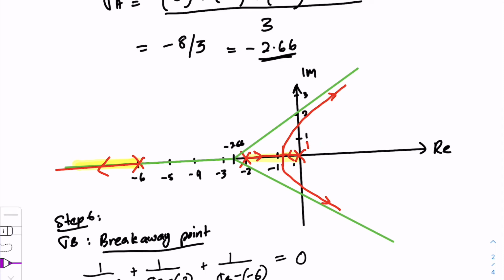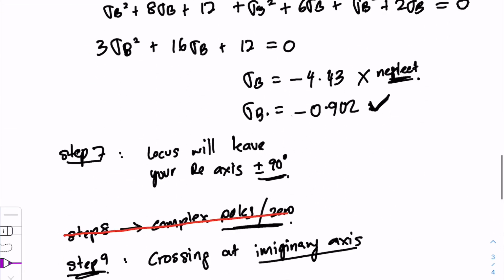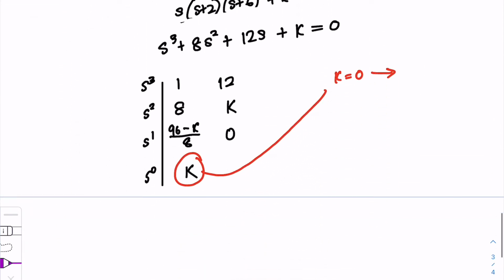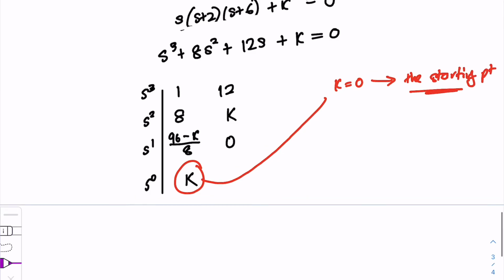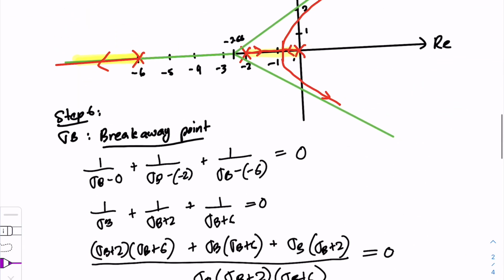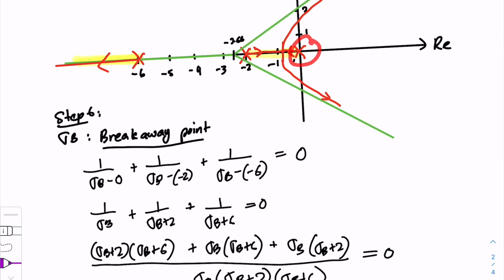What happens when it crosses the imaginary axis? We're going to look at the second element that you have just now: 96 minus k divided by 8. That will definitely be the point that you want. When k equals 0, the first point here is actually the starting point, where you have your poles.